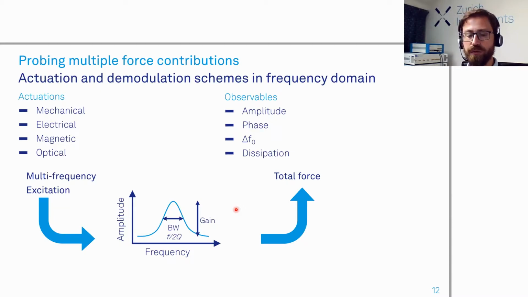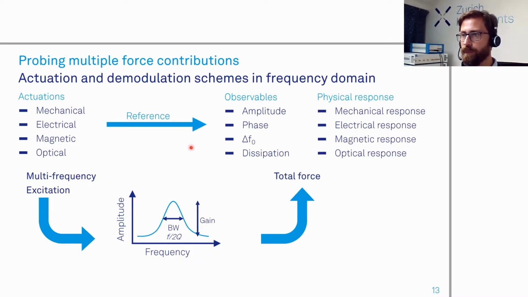So the cantilever can be seen as a mechanical amplifier, with a certain gain and bandwidth. But you can also demultiply this to more frequencies, more eigenmodes, and so on. And that's a nice thing also with lock-in: because you have different actuation mechanisms, they can all have their own reference.